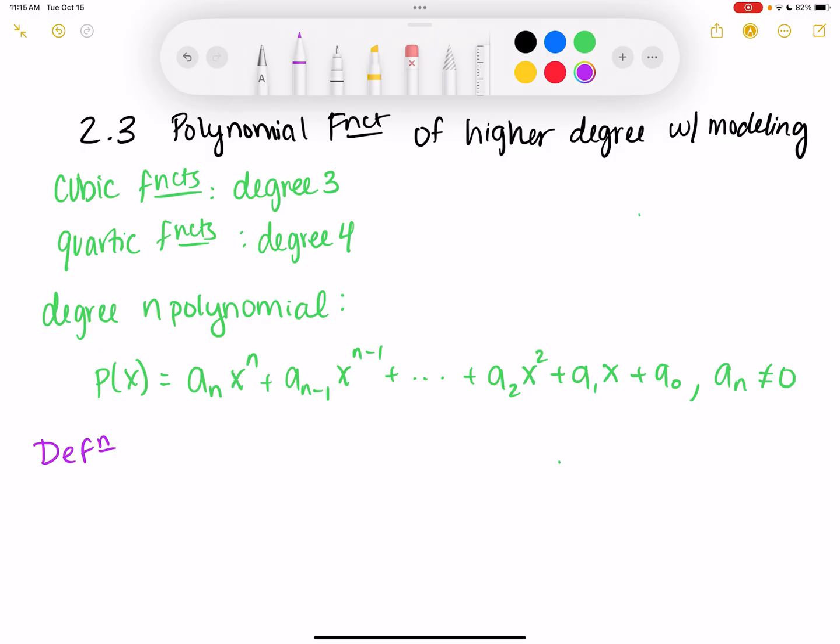All right, the vocabulary of polynomials.